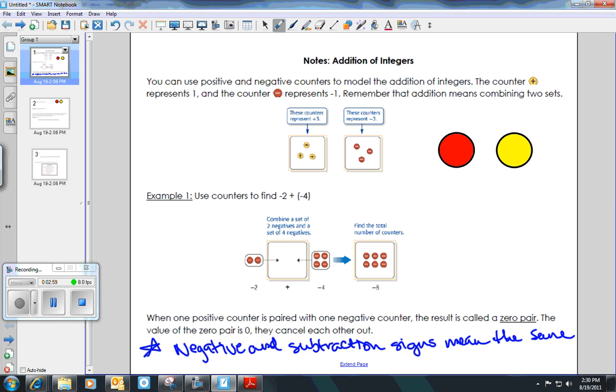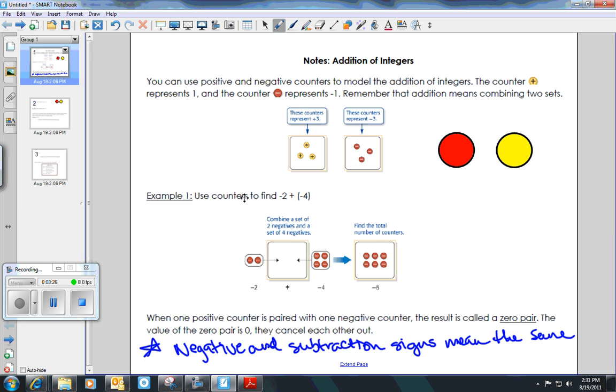In our first little picture up here, we have 3 positive counters representing giving you 3 or +3. And on the other side, we have 3 negative counters, red, which represent taking away 3 or a -3. Okay? So we're going to use counters like these to figure out the answers to some addition of integer problems.